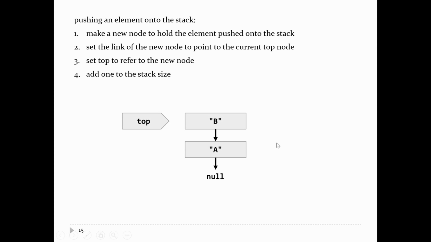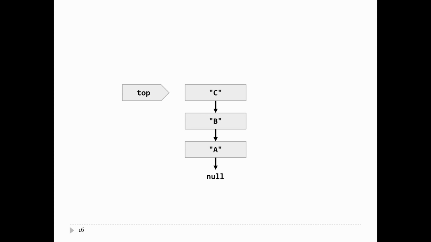So I want to know now that there are 2 elements in this stack, which means I'm going to need a field to represent the size. If I push another element onto the stack, you make a new node, make its link point to the old top of the stack, and then adjust the top of the stack.